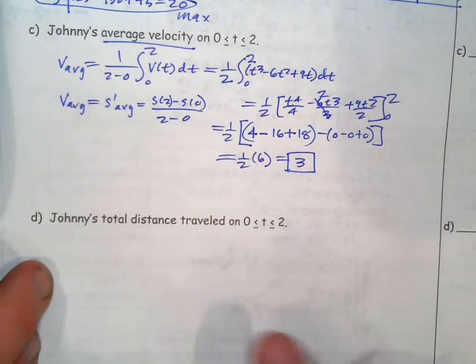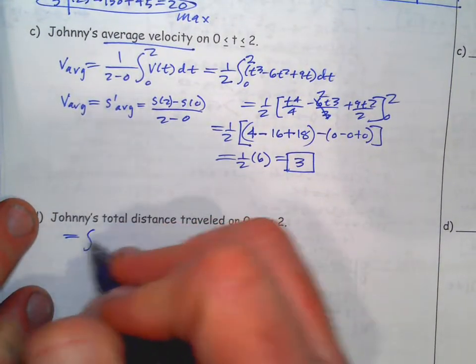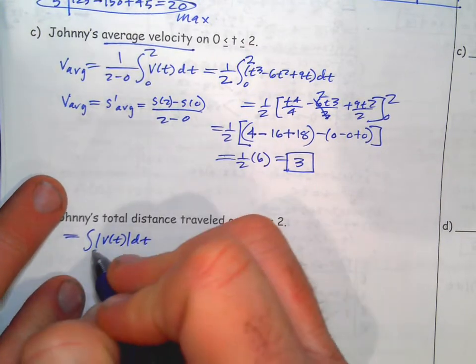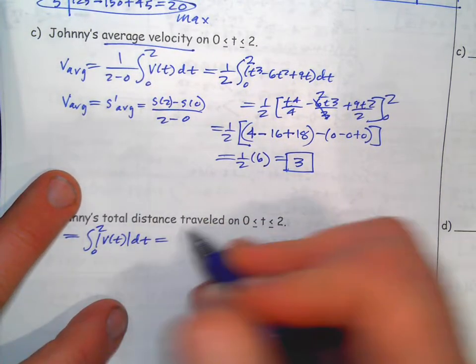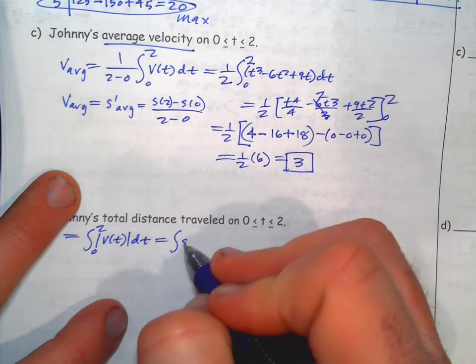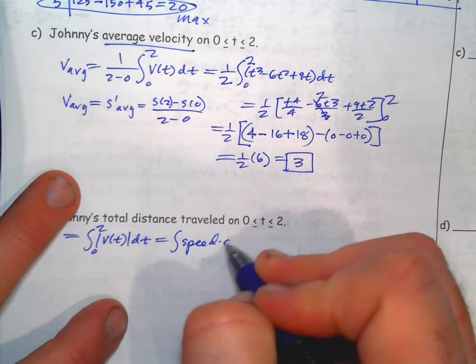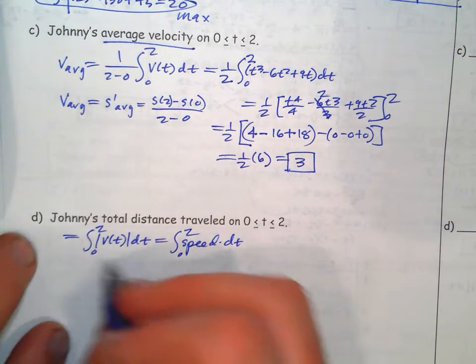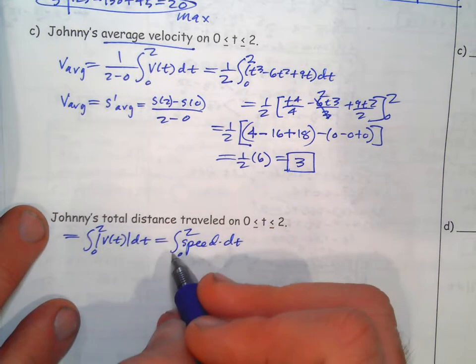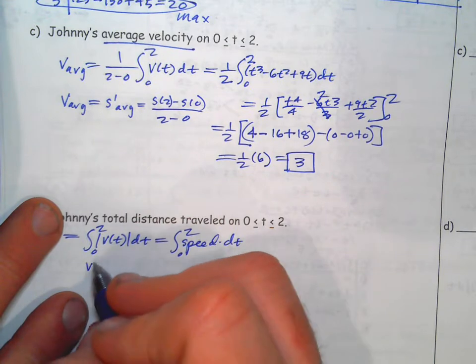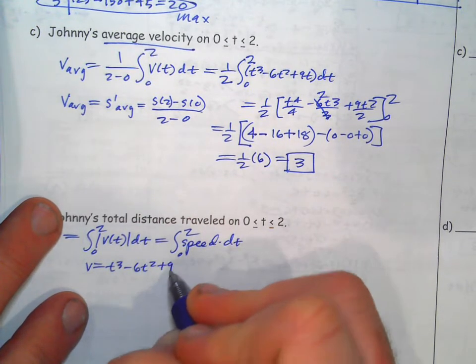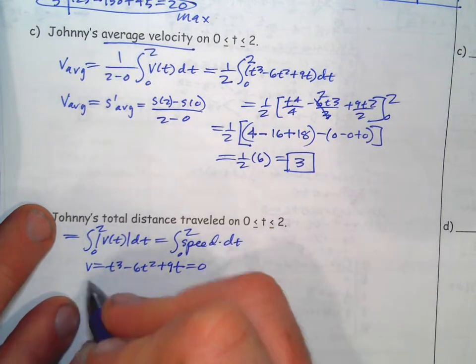Total distance. Total distance is the integral of the absolute value of velocity. It's good to just write down your setups, which is also the integral of speed, by the way, which applied also to parametrics this year. So I'm going to use the table approach, but velocity equals t cubed minus 6t squared plus 9t, and we want to find its zeros.